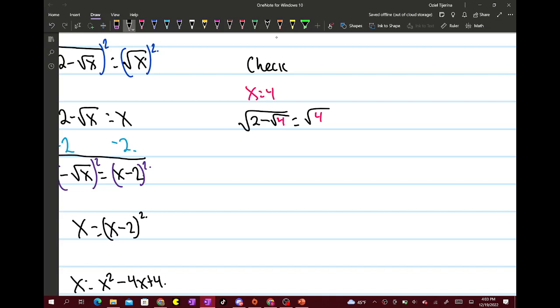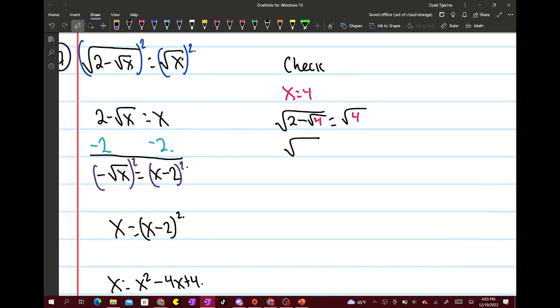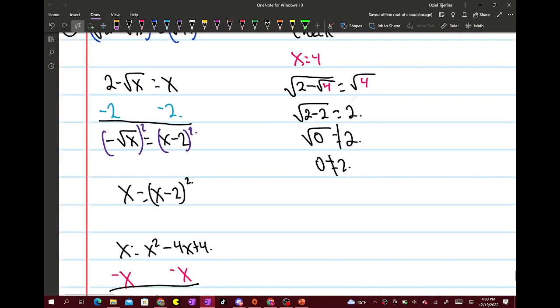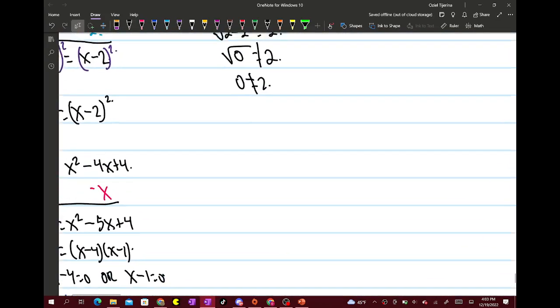This is the square root of 2 minus 2 is equal to 2, right? Obviously, the square root of 0 is not equal to 2 because 0 is not equal to 2, right? So this is extraneous. And then we're going to check x equals 1, right?